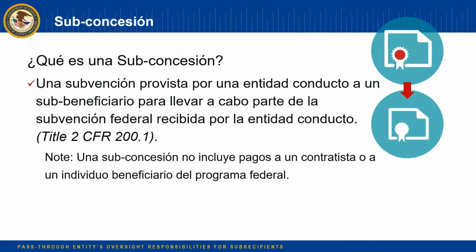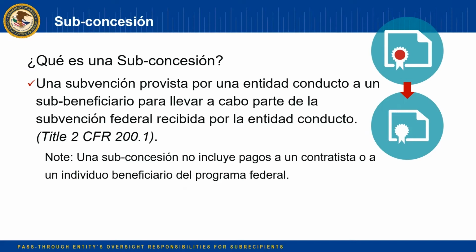Now let's talk about a sub-award. Now the sub-award is an award that has been provided by the pass-through entity to a sub-recipient, and this sub-recipient will be carrying out an aspect of this particular grant program. I will be using this term throughout this presentation because it's very important to understand that the sub-recipient is carrying out an aspect of the grant program by passing those funds down to the sub-recipient. But here's what I need you to know. A sub-award does not include payments to a contractor or to an individual that is a beneficiary of federal funds.